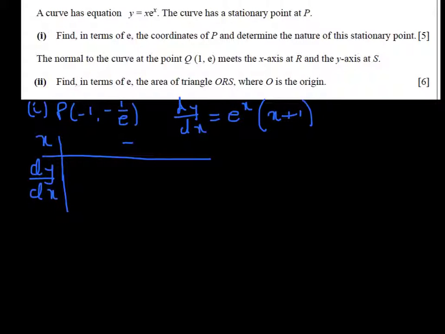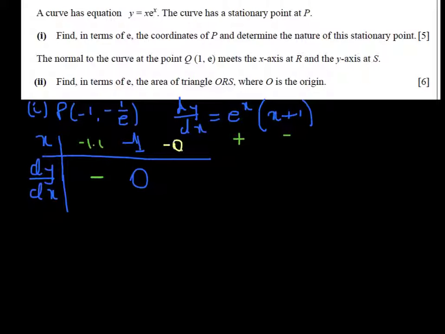So at x equals negative 1, dy by dx is 0. If we take a point before negative 1, like negative 1.1, and we look at dy by dx, e to the power of x will be positive, it's always positive. x plus 1 is negative. If you multiply, we get a negative sign, or you can just plug into your calculator.